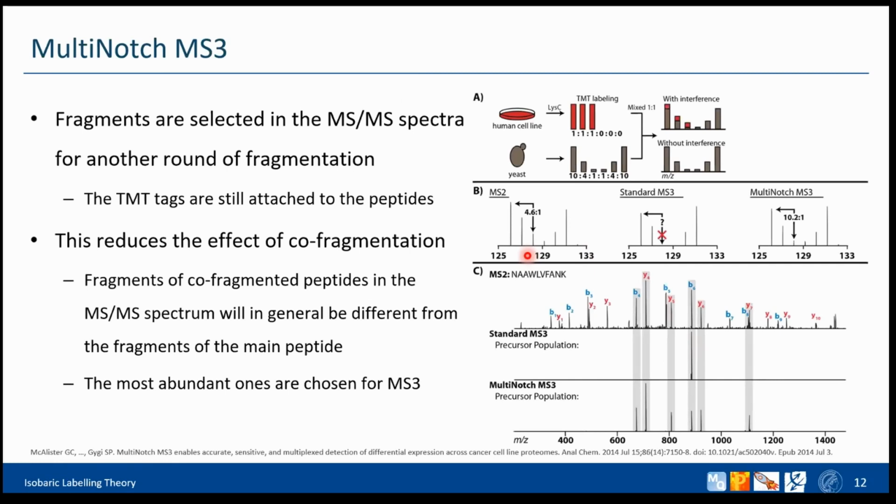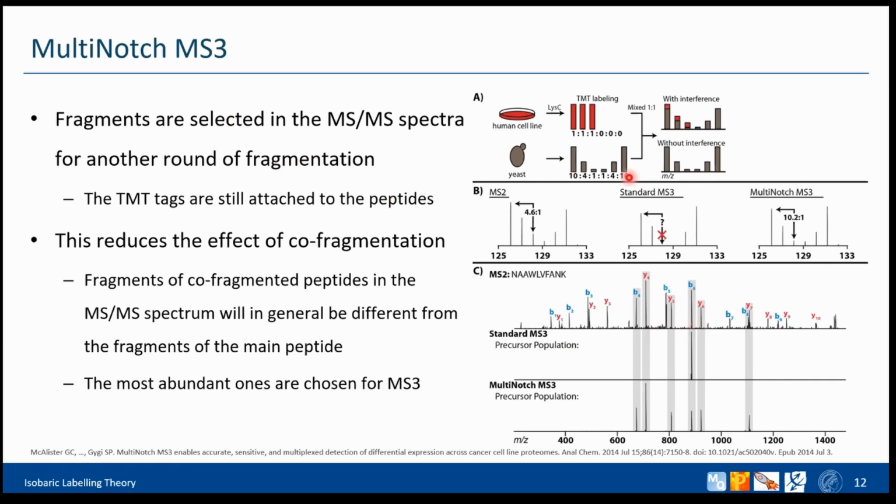For example, in this case, MultiNotch, they first do CID fragmentation, and then from these MS2 spectra, the most abundant fragments are selected and refragmented, and from those the tags end up in the channels for quantification.